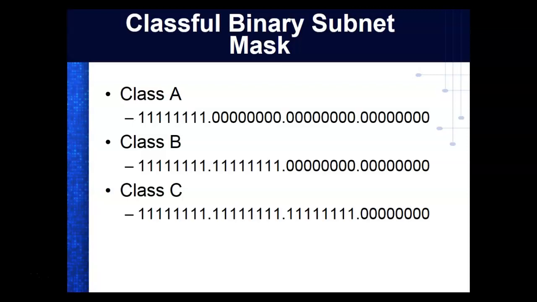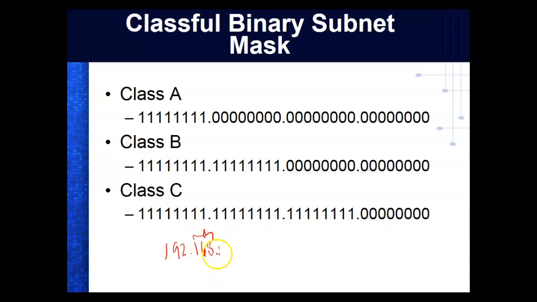So this is actually the subnet mask broken down into binary, to actually see the network IDs. Of course, with classful IDs, it's real easy to see because it's set up so that each octet is represented in a subnet.